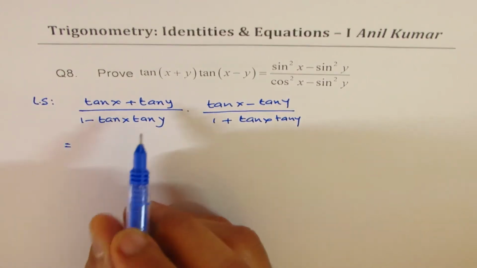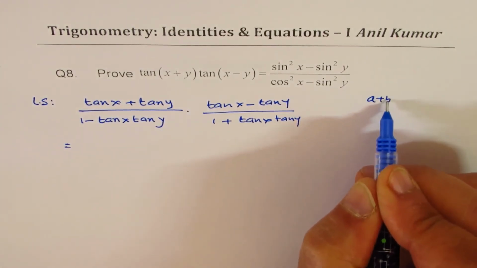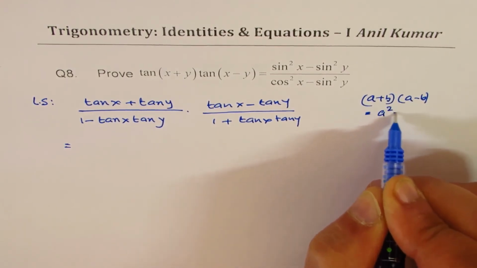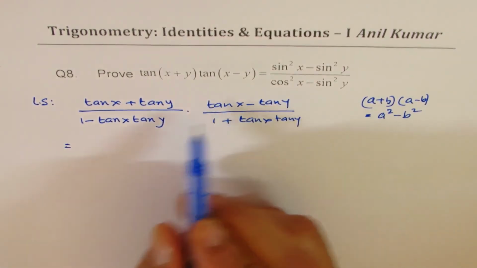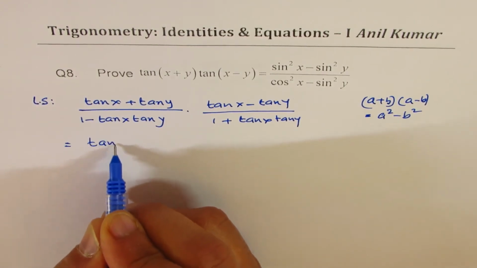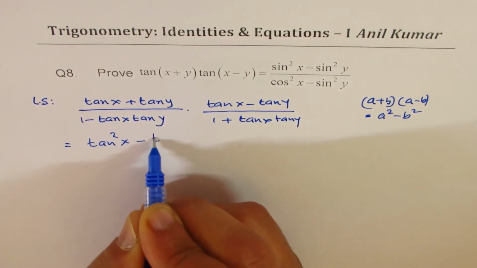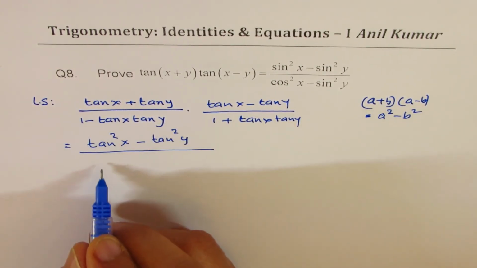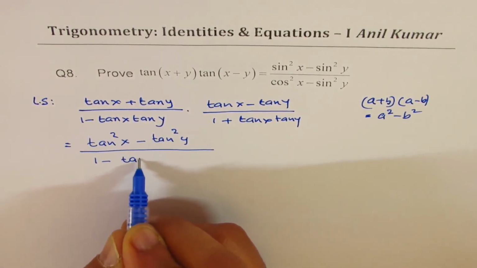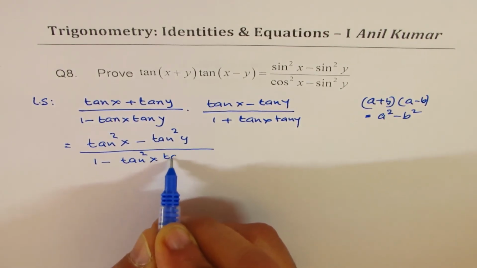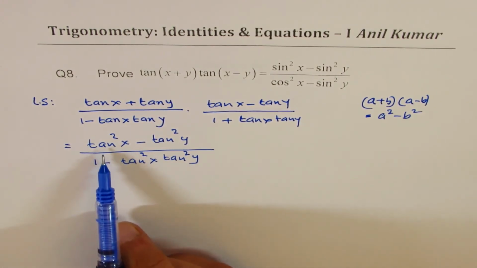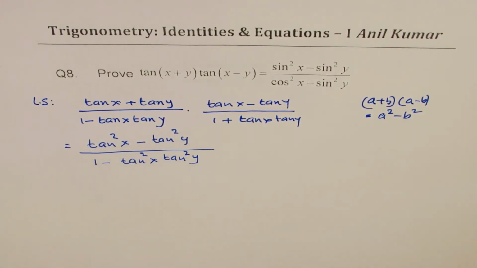So when you multiply, (a+b) times (a-b) is equal to a² - b². So difference of squares. So we get (tan²x - tan²y) divided by (1 - tan²x tan²y), right? Now tan could be written as sin over cos.